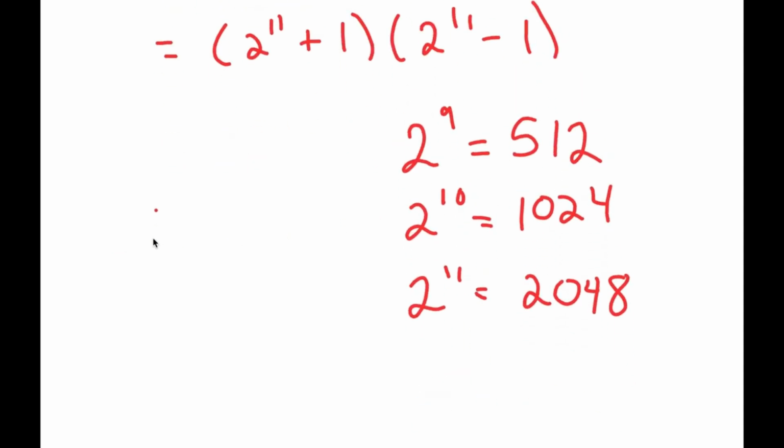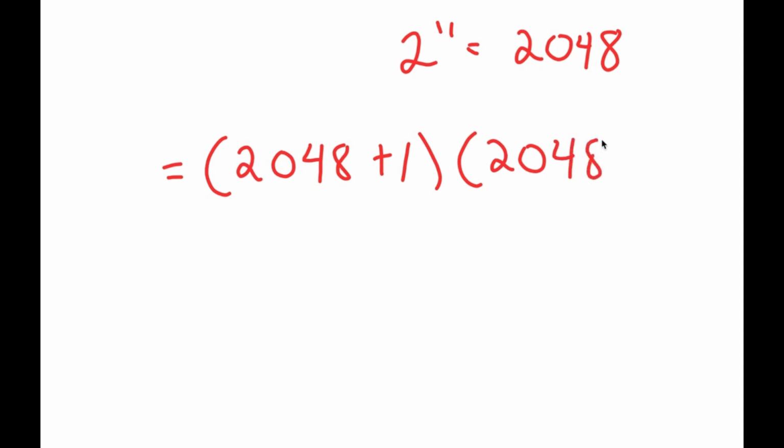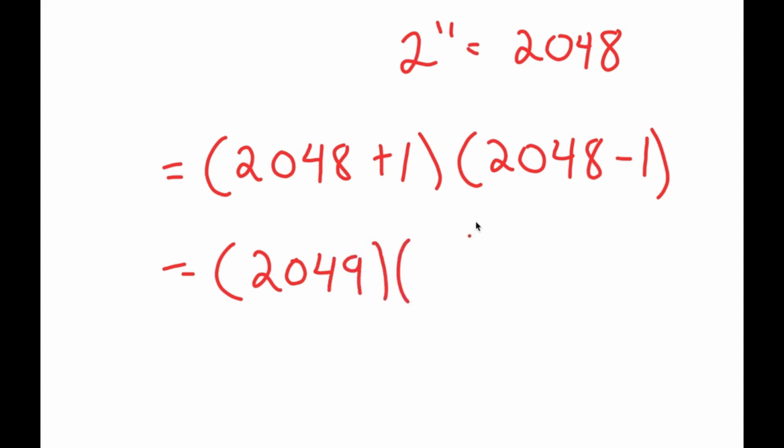So now I get (2048 + 1)(2048 − 1). Now 2048 + 1 is 2049, and 2048 − 1 is 2047. So I get 2049 times 2047.